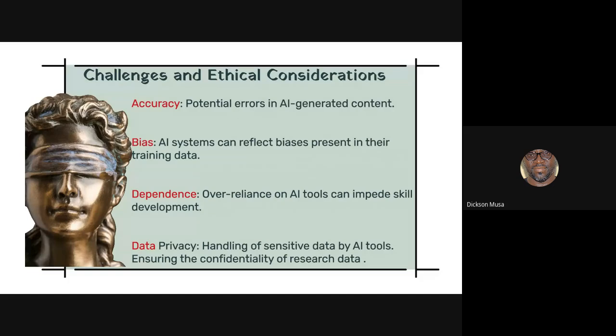So if you have sensitive data you have generated from your laboratory and you feed it to AI, you have compromised those data. So data privacy is very, very important when we are using artificial intelligence. So we must have that at the back of our mind.